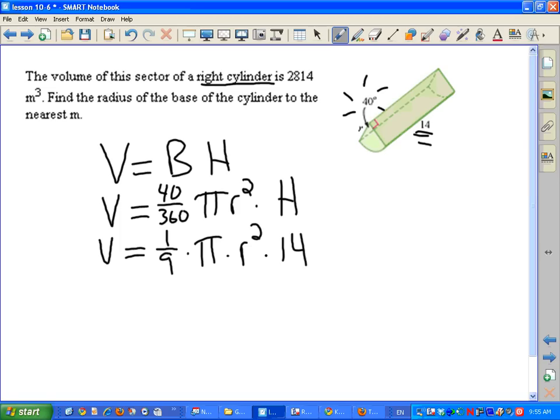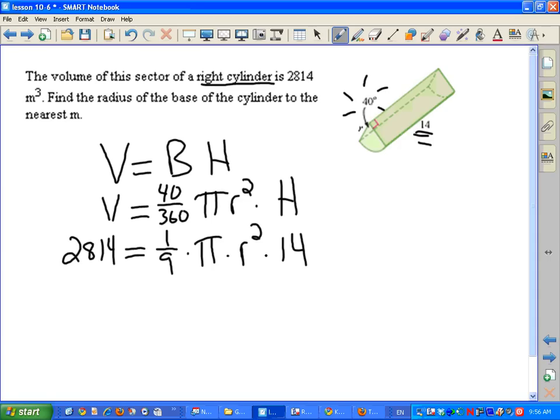So it's 14. And if I start to multiply this out, I would end up with 14 over 9 pi equals r squared. And the last thing that I forgot to do is rather than V, I should have 2,814. That's much better.